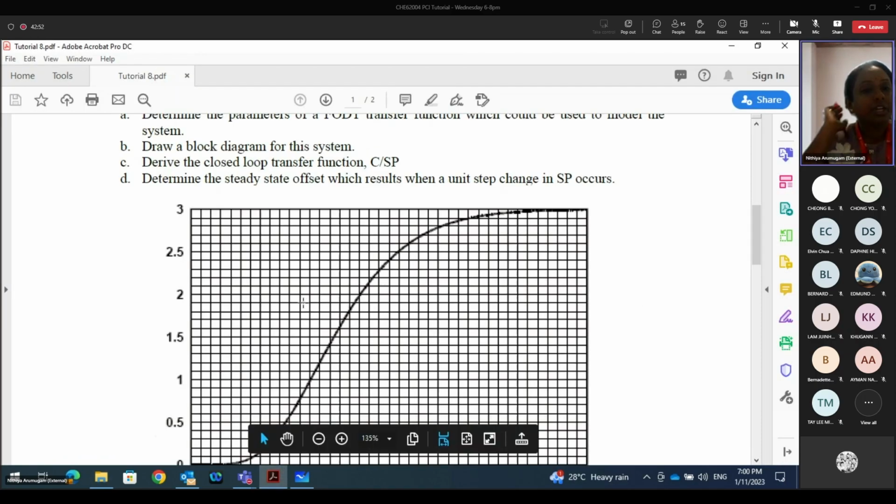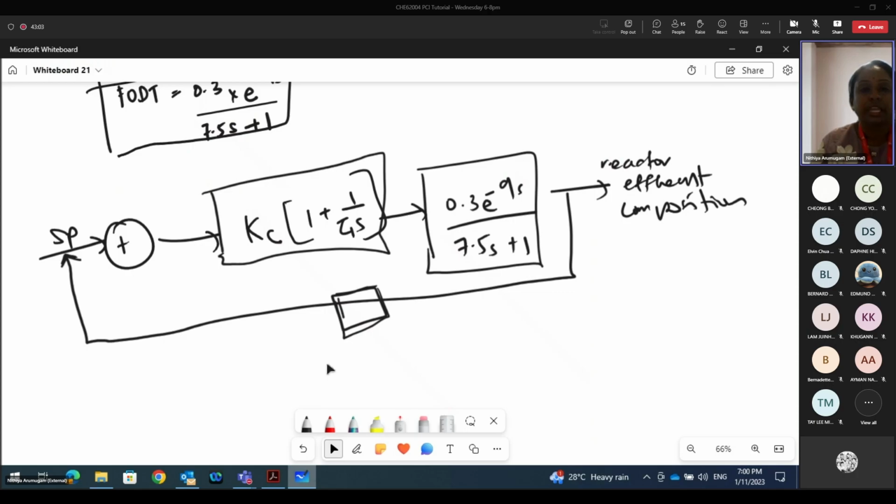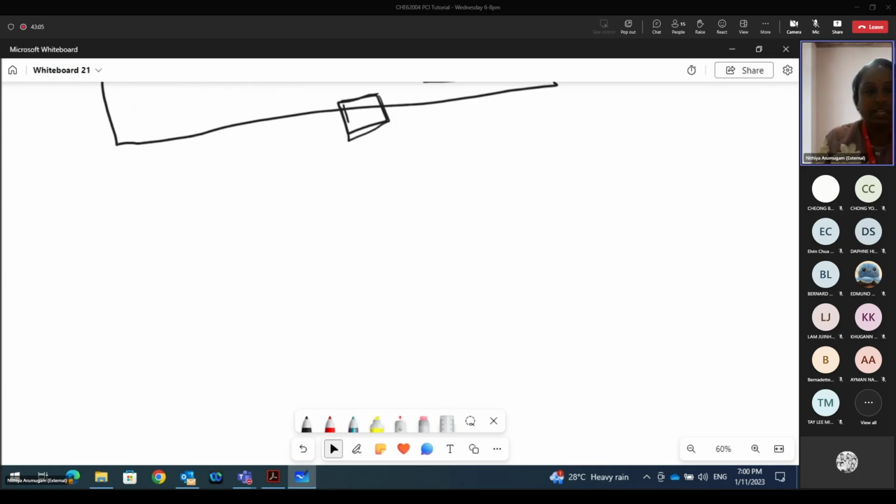Now, write the closed loop transfer function C over SP. So we need to calculate what C over SP equals to. Again, for C over SP, we need to know what C is first.